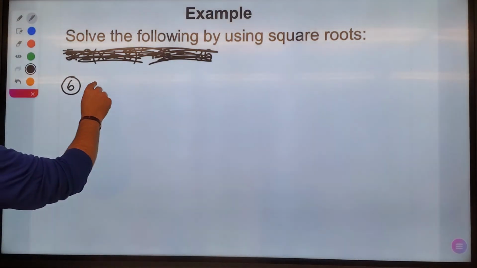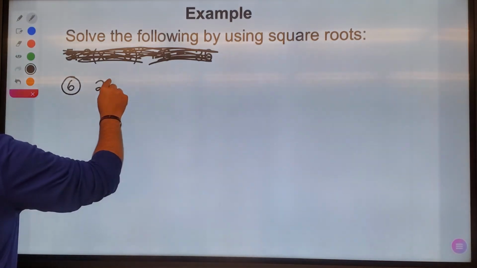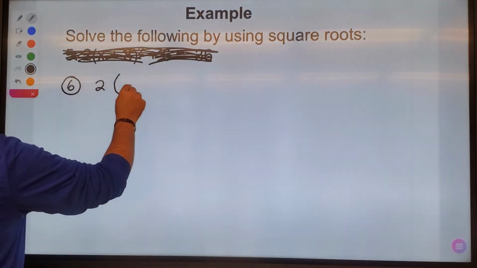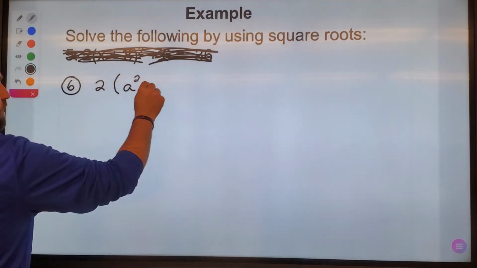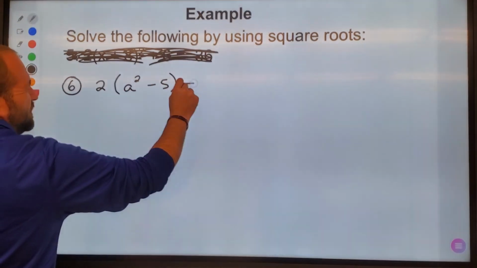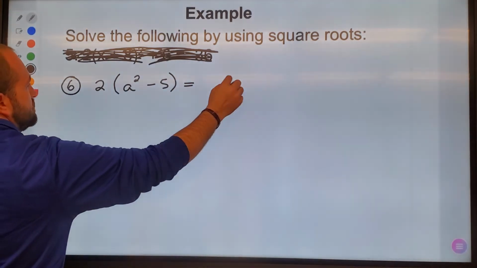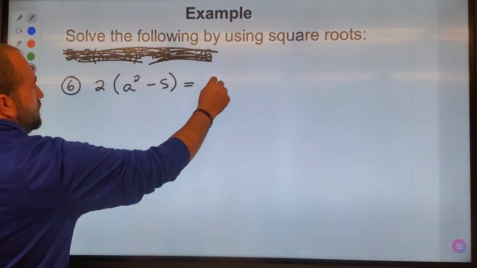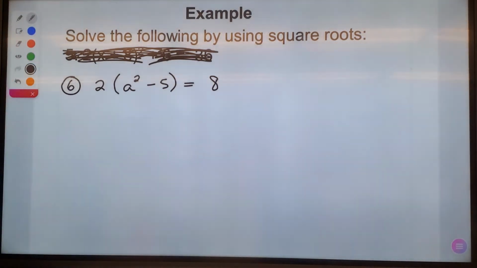But if I do something like, let's say, 2 times (a squared minus 5) equals, I don't know, let's go with 8. Okay, notice that the squared term is not outside the parentheses, but inside.